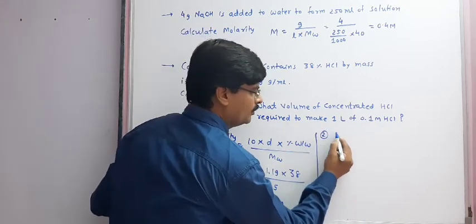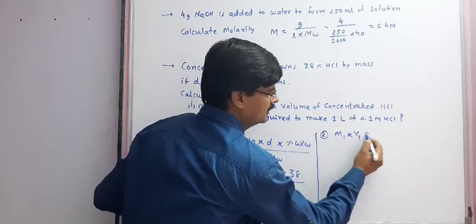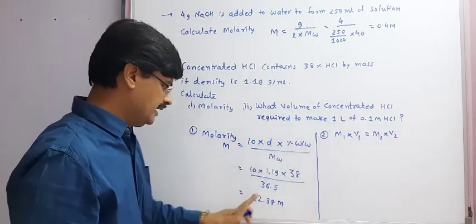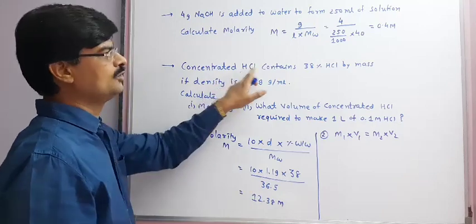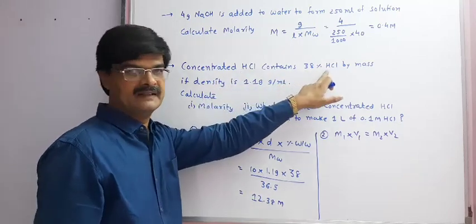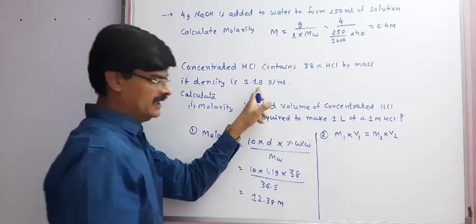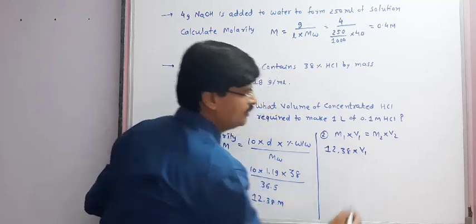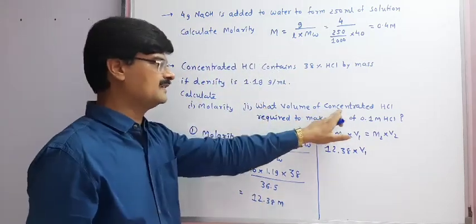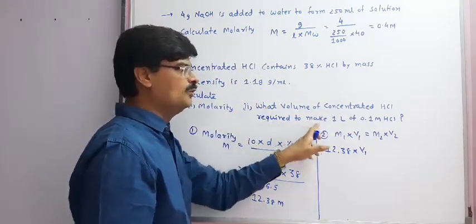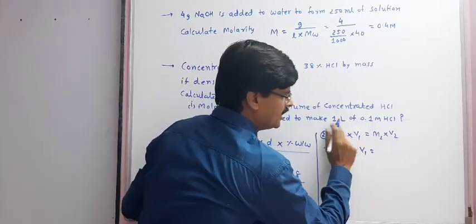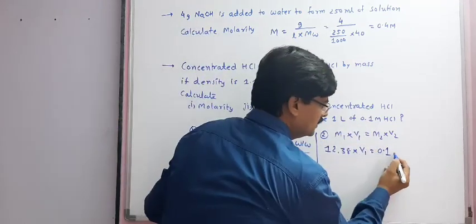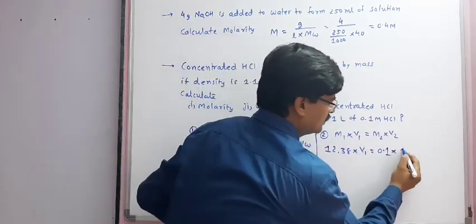We can apply the formula M1V1 is equal to M2V2. Here M1 is the molarity of the solution that contains 38% HCl with density 1.19, so it is 12.38, and its volume is asked. Volume of concentrated HCl required to make 1 liter of 0.1 molar. So the molarity is 0.1 molar into 1 liter.